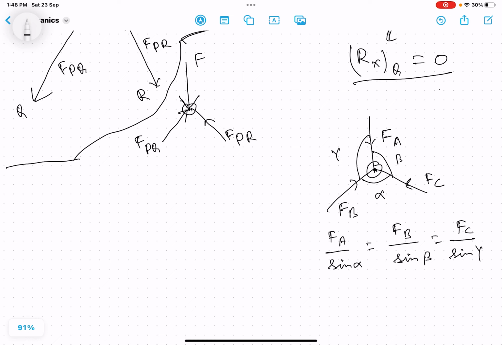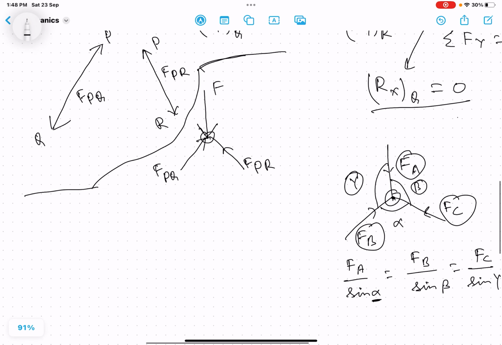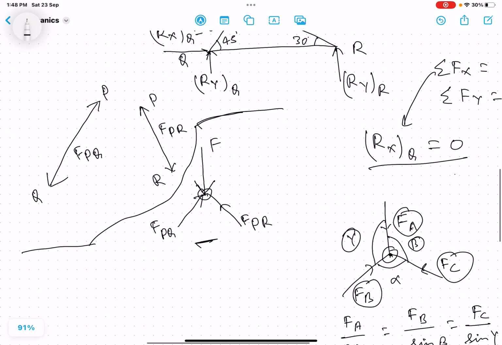You can remember this formula like this: this is the force Fa, and the angle we choose is alpha, that means the angle opposite to this one. Accordingly this is Fb, and the angle opposite to it is beta, and this is Fc, and the angle opposite to this force is gamma. So we will apply the same thing in our problem.